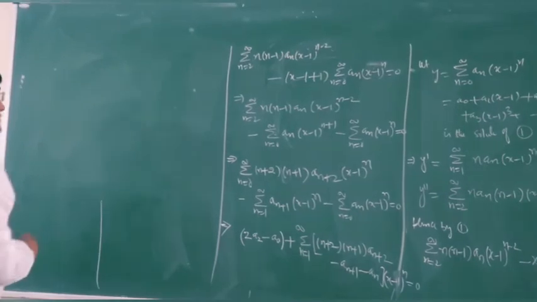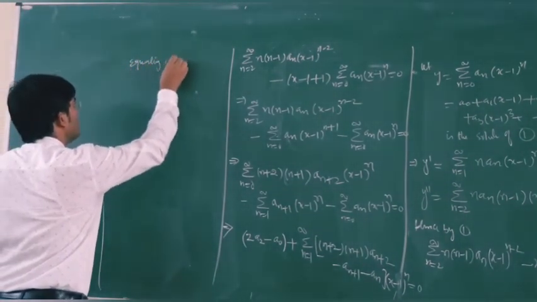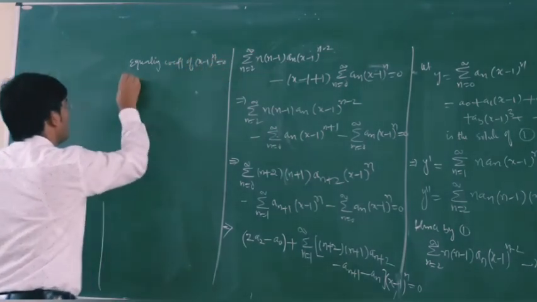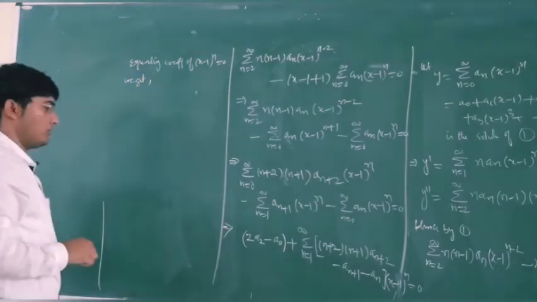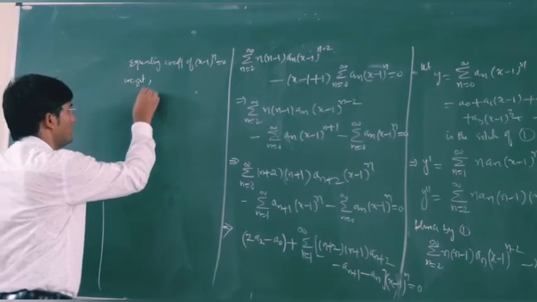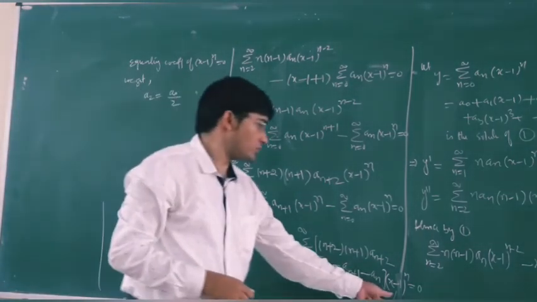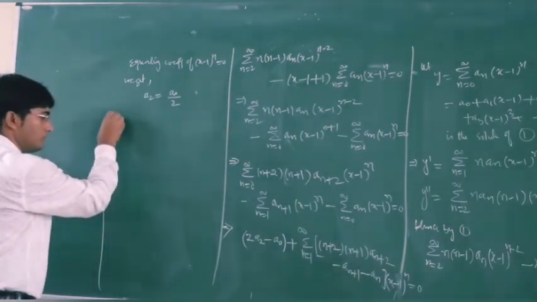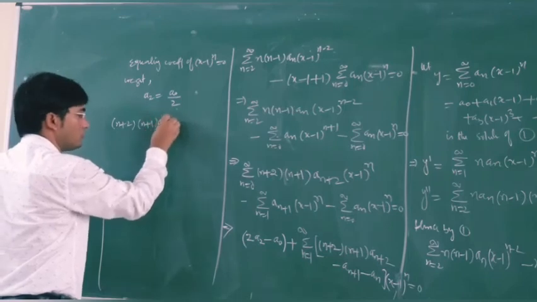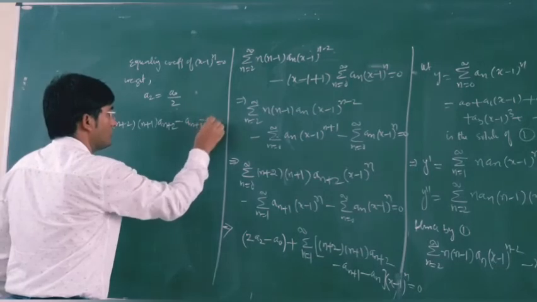the various coefficients equal to 0. Equating coefficients of x minus 1 power n equal to 0, we get the constant term 2a2 minus a naught equal to 0. So from here our a2 will be a naught upon 2, and the coefficient of x minus 1 power n will be n plus 2, n plus 1, a n plus 2 minus a n plus 1 minus a n equal to 0.